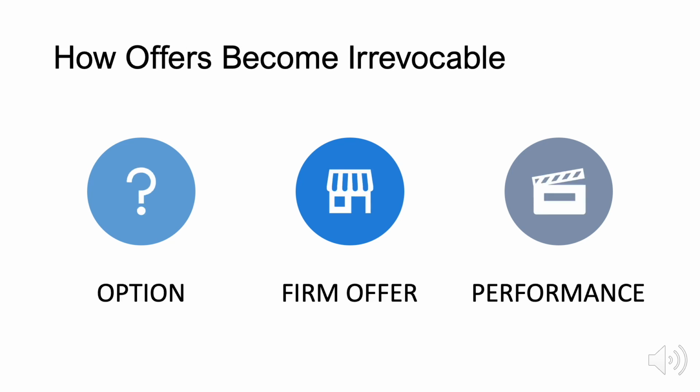There are three ways that an option contract can be formed in order to limit the power of revocation. The first is through consideration, just like any other contract. Offer, acceptance, and consideration are required for a contract at law, and option contracts are just that, contracts, so they also require offer, acceptance, and consideration.